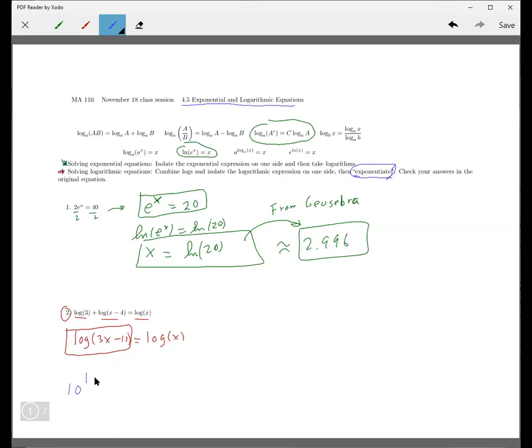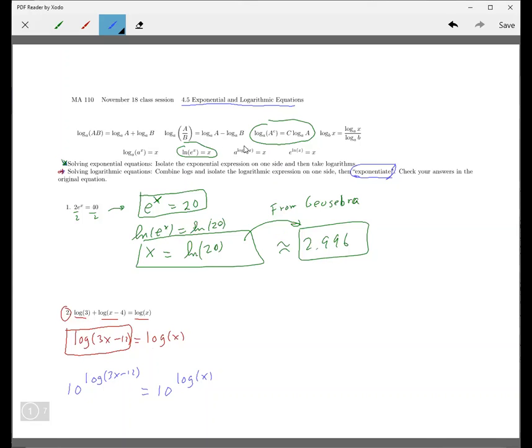So we start with the two sides being equal, and then we raise 10 to each side of the equation. So 10 gets raised to the left side, and 10 gets raised to the right-hand side of the equation, like that.